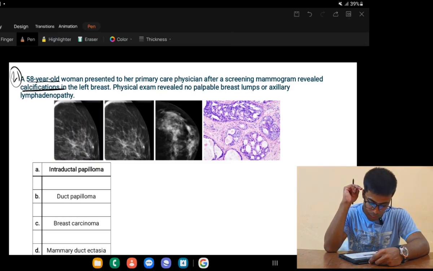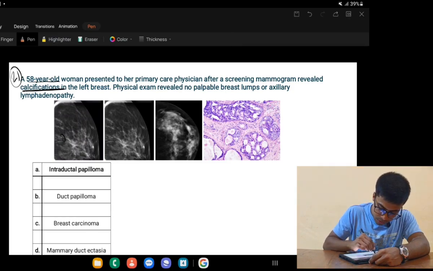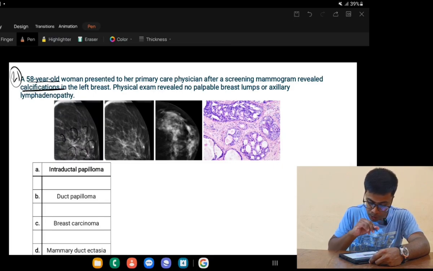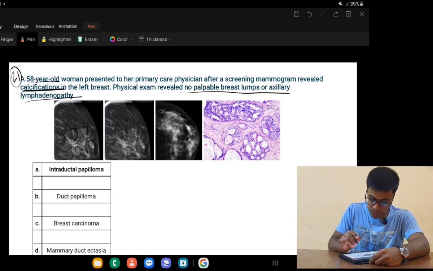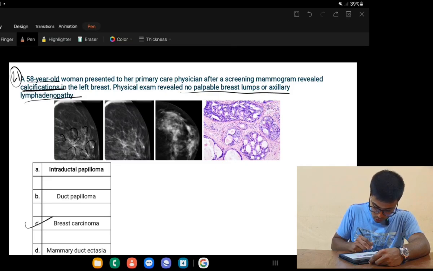Now we are seeing microcalcifications here, and speculated. So probably this will be a carcinoma. Physical exam revealed no palpable breast lump or axillary lymphadenopathy. So it must be a breast cancer. I am going with it. It's a breast cancer, since microcalcification.